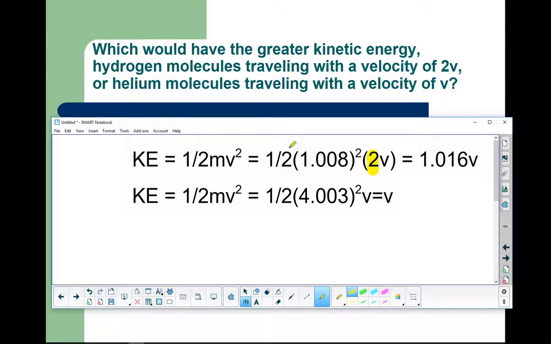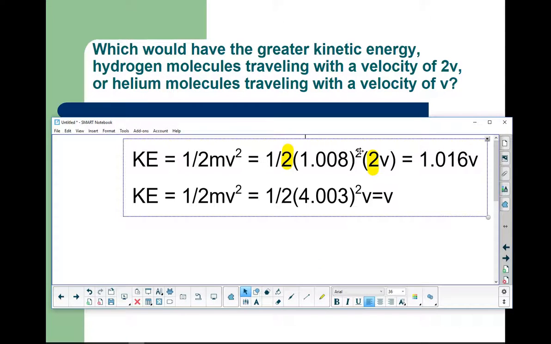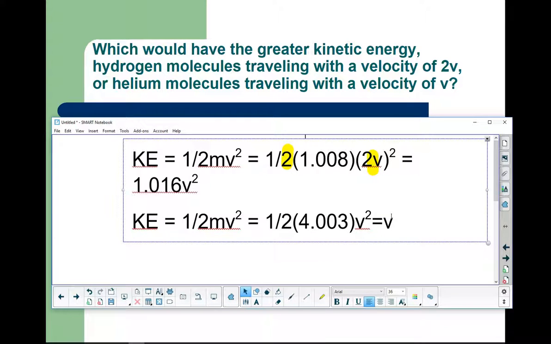So this 2 and this 2 will cancel out. Well, it's mass. Oh, I squared the mass. Thank you. I am really having a hard time this morning. Sorry. So let's fix that. Squared the wrong thing. So we're going to end up with a v squared and a v squared.